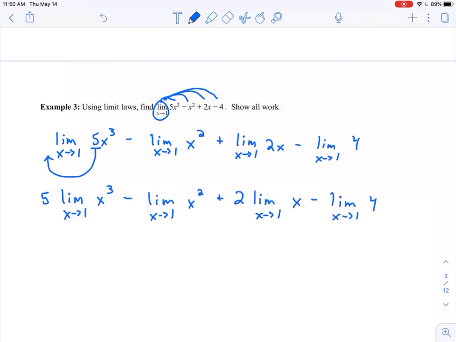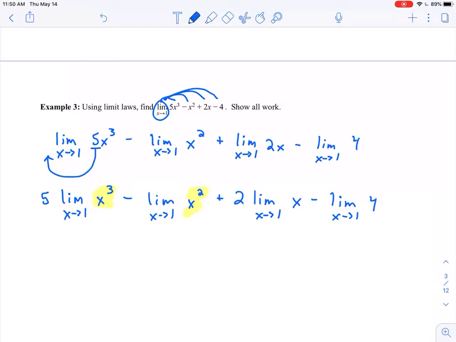We say, okay, this is great, but these two in particular are still not linear functions. I still don't know how to evaluate them. But lucky for us, we had our power rule that said you can carry that limit to the inside of the power and evaluate that inside part.